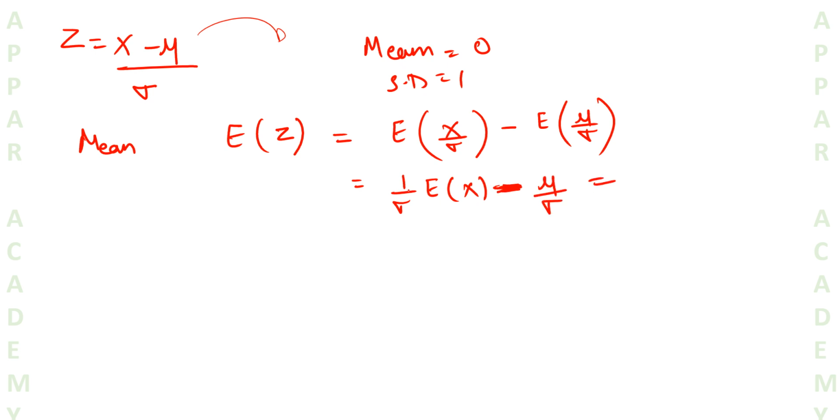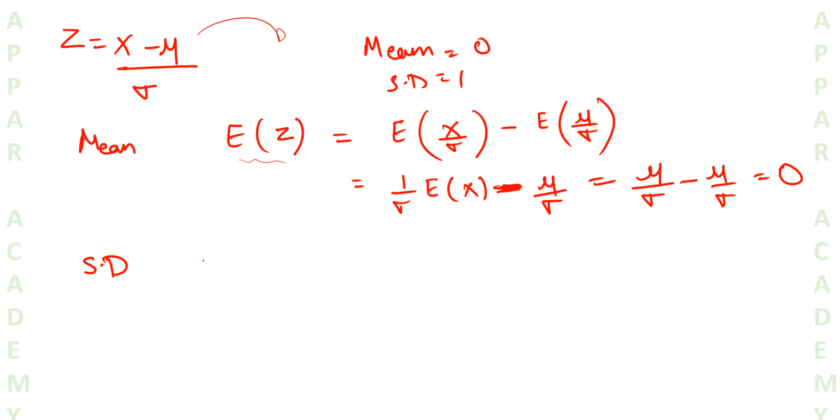What is the value of expected value of x? Expected value of x is mu. So this becomes mu upon sigma minus mu upon sigma, and that gives us 0. So this is the reason why the mean of z becomes 0. Now standard deviation.